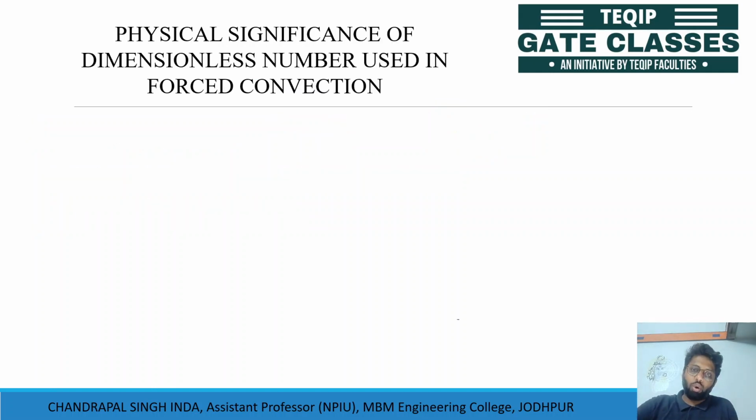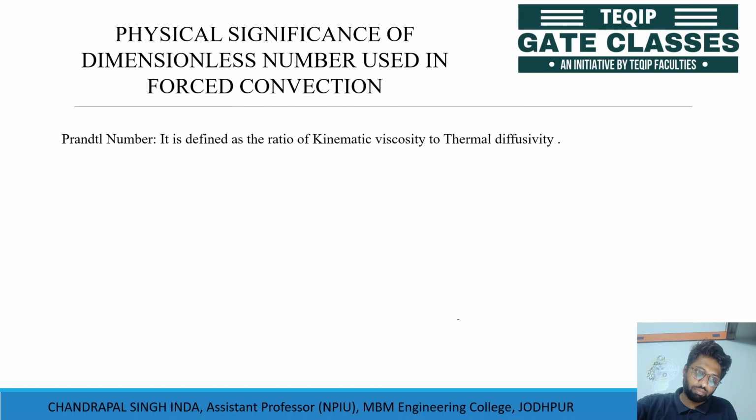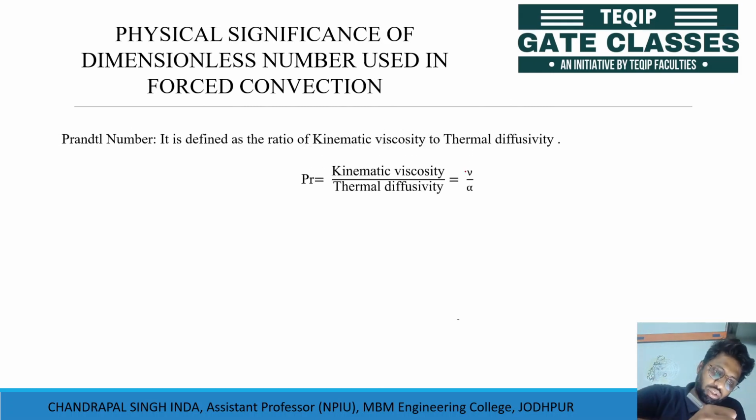Prandtl number is the only number which is a property of the fluid. It is defined as the ratio of kinematic viscosity of the fluid to the thermal diffusivity of the fluid. Kinematic viscosity is denoted by nu and thermal diffusivity by alpha.